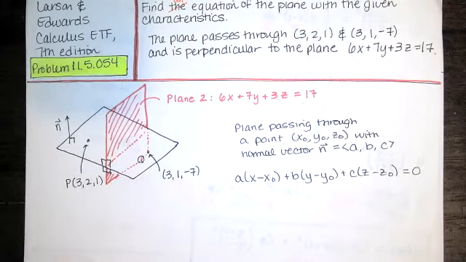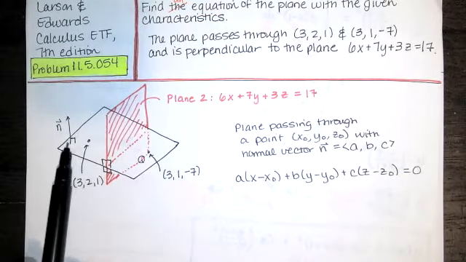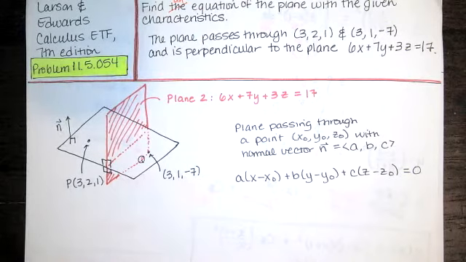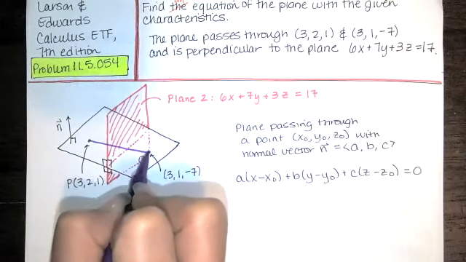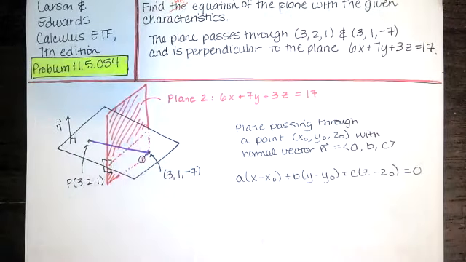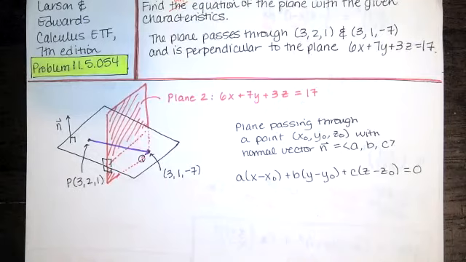Well, one thing I know for sure is that this normal vector has to be perpendicular to every single vector in my plane. So if Q is in the plane and P is in the plane, one thing that I know for sure is that my normal vector is perpendicular to the vector PQ, or we tend to say orthogonal.